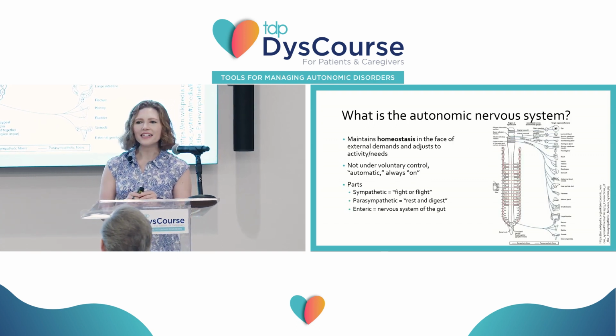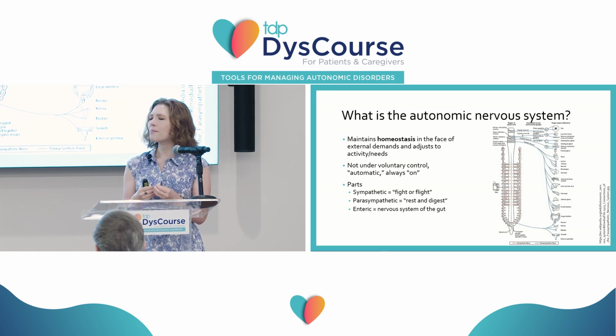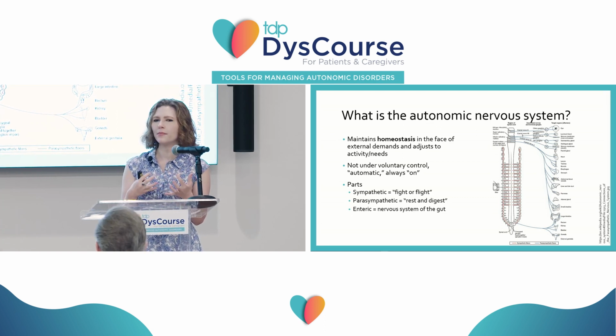So, what is the autonomic nervous system? Well, the autonomic nervous system is the part of your nervous system, meaning your brain, spinal cord, nerves, that is responsible for maintaining homeostasis in the body. Every moment of your existence, there's thousands of biochemical and physiologic processes going on to keep your body working, and these require really precise conditions: the right temperature, the right amount of blood flow, not too much, not too little, the right amount of oxygen and carbon dioxide.